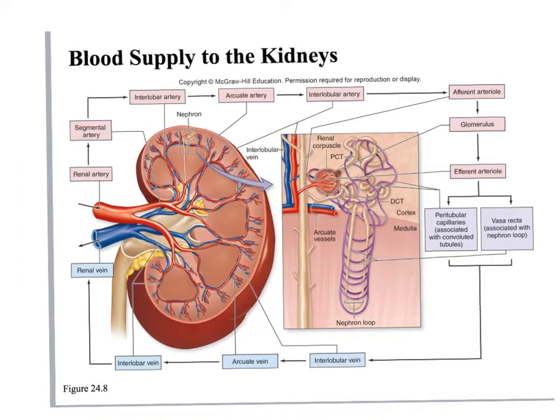So the function of the kidney is to filter the blood, so we have to have a very robust blood supply in order to do that. Okay? So if you follow this clockwise, starting over here at the renal artery, we will get to the point where we actually follow blood through the whole kidney.